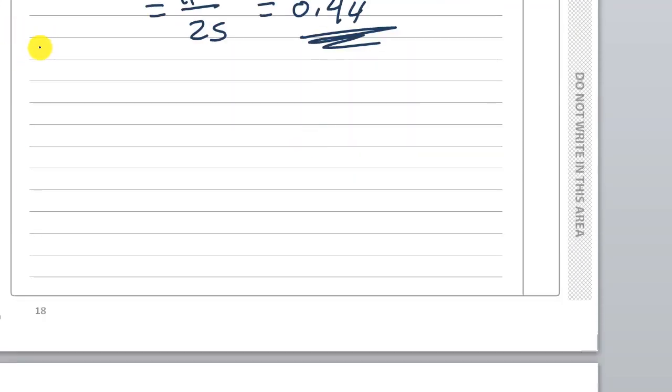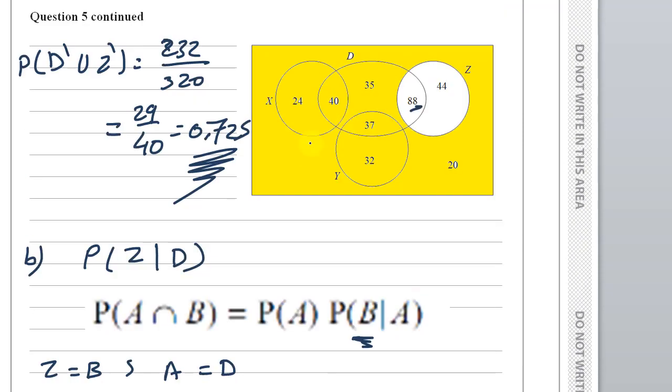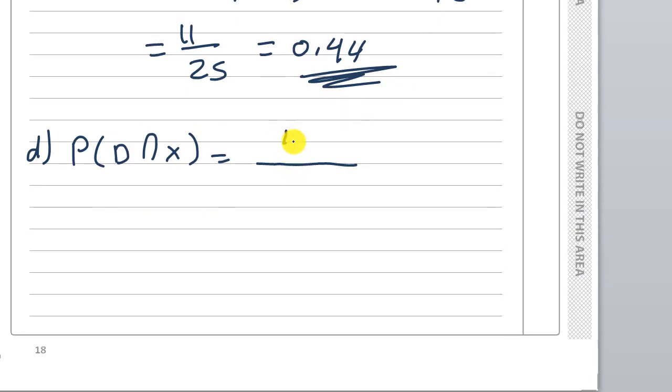So this is part D. Let us find now the probability of D intersected with X. Here we have 40. So 40 divided by 320, which is equal to 1 over 8.